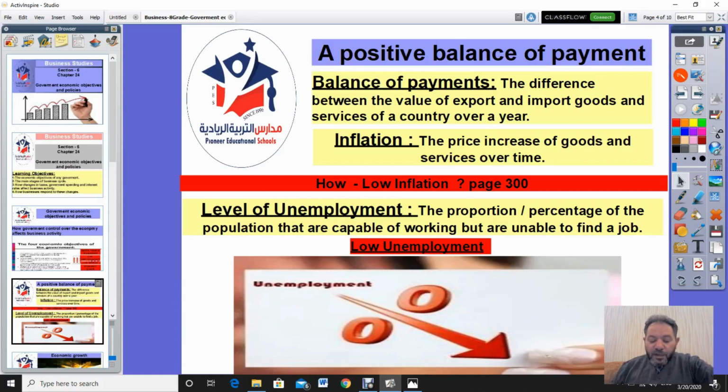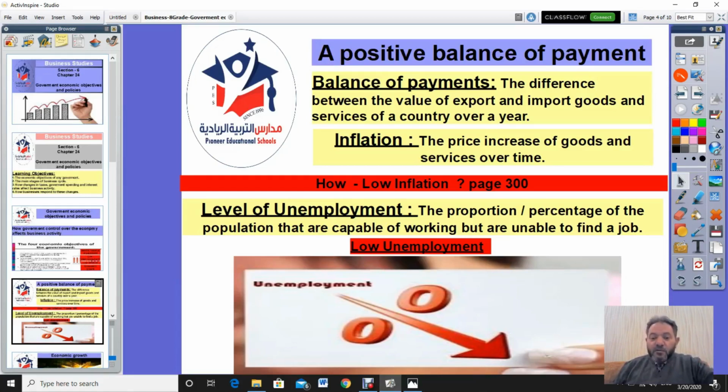The people of the country can earn money and have a better standard of living. The government does not have to spend money on unemployment benefits, so it can spend the money on improving the country's infrastructure. And finally, the higher the level of employment, the more income tax the government receives.